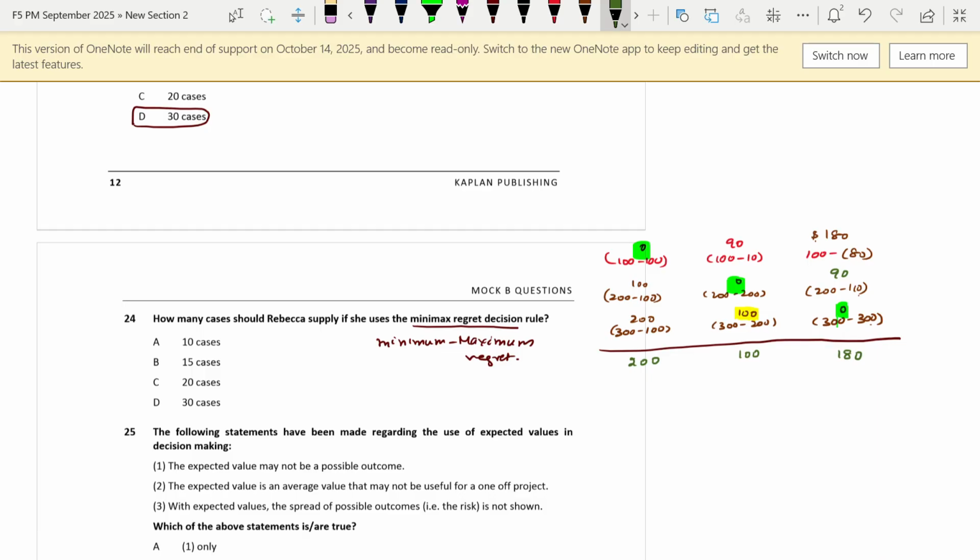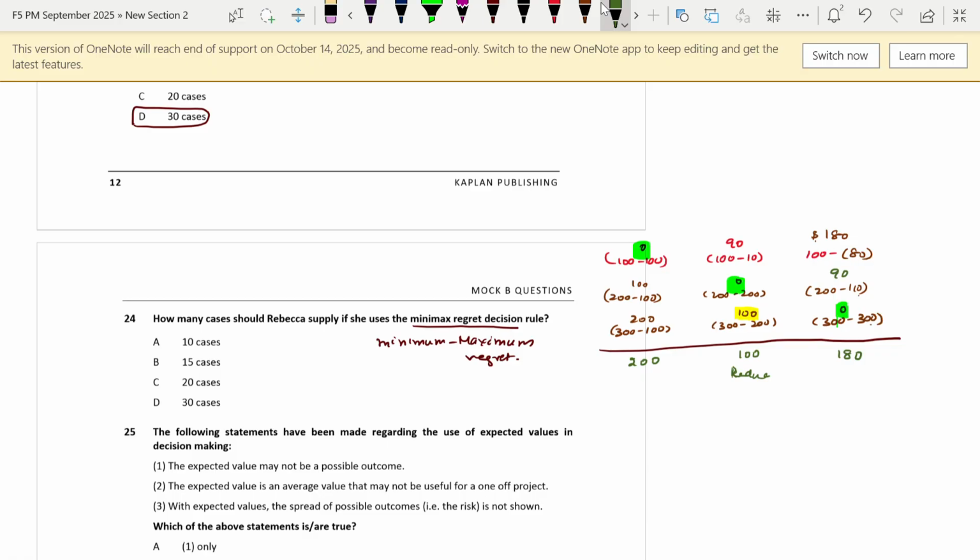It says minimize the maximum regret. You are minimizing. What is the minimize? You can reduce how much?